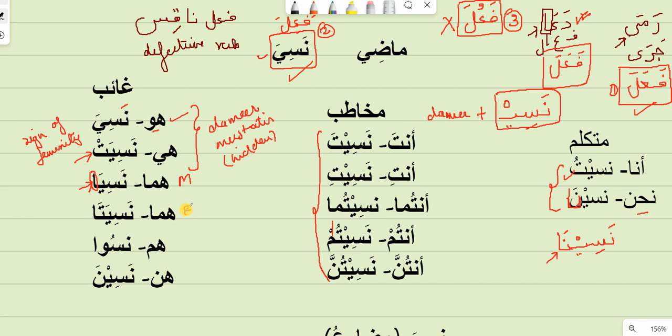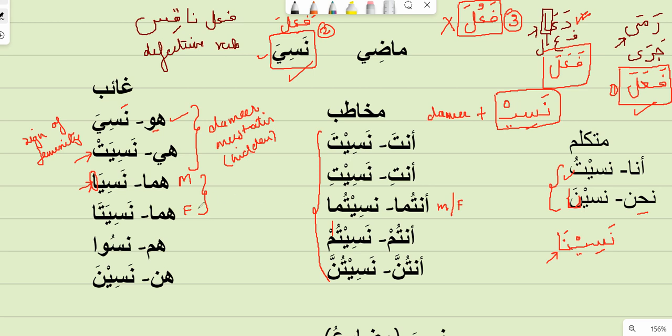What about the female dual? Because in ghaib we have two duals. We have male and female different, because when you're talking about a ghaib, then you have to differentiate between male and female. But when we are talking mukhatib, both male and females are in front of our eyes, so we don't need to differentiate. So one form of muthanna is used for both male and female.